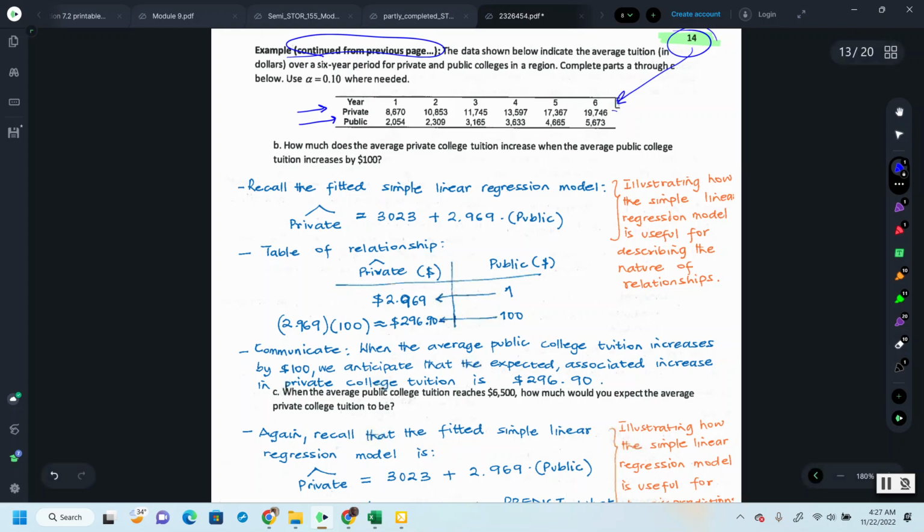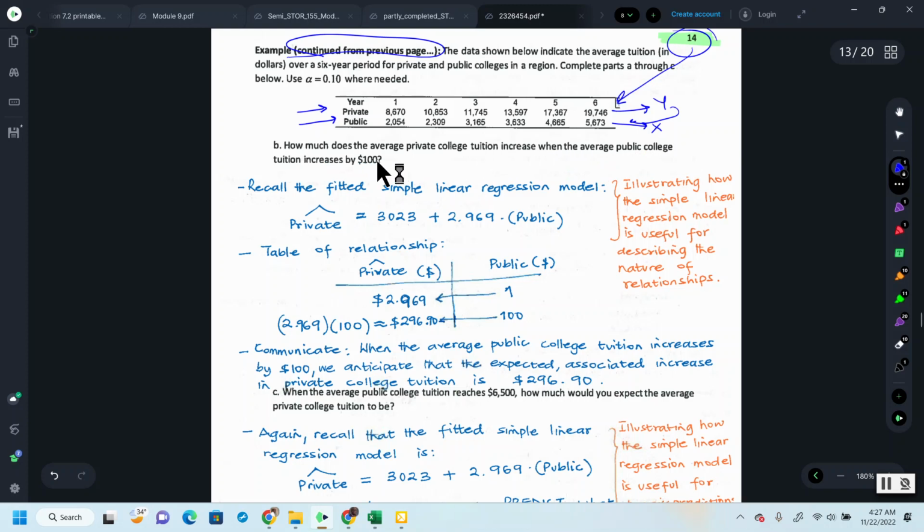Our goal was to see if we can predict the response variable, private college tuition, based on information provided by public college tuition. So, having collected this data, question B on page 14 here says, how much does average private college tuition increase when the average public college tuition increases by $100?